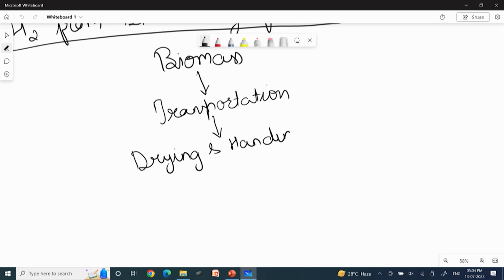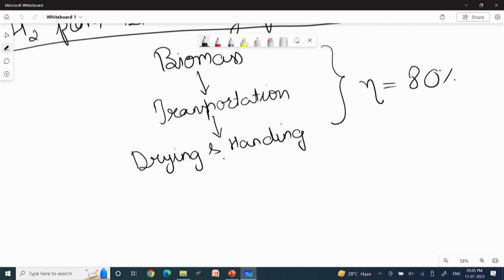So biomass as such could have a moisture content that varies from 10 to 50%, and gasification, being a thermochemical process, has an optimum amount of moisture intake that is necessary. So typically the biomass has to be dried to around 10 to 15% moisture, and also depending upon the size of the biomass, it has to be either chopped or briquetted to increase the density, and that is where the drying and handling would come in. And typically this whole process would have an efficiency of somewhere around 80%.